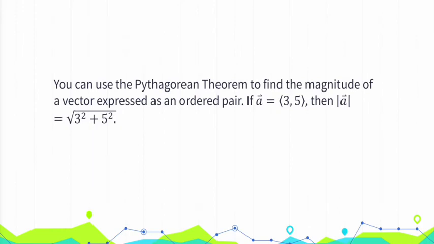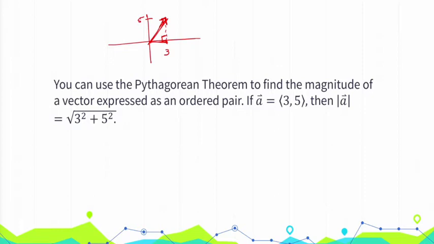You can use the Pythagorean theorem to find the magnitude of a vector expressed as an ordered pair. So again, if this is my vector, 3, 5, I can make this into a right triangle, with one side being 3 and one side being 5, and then I can use the Pythagorean theorem, and the magnitude of the vector is just the length of the hypotenuse of this right triangle.